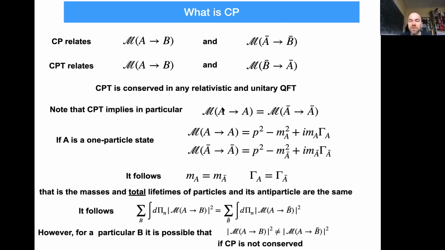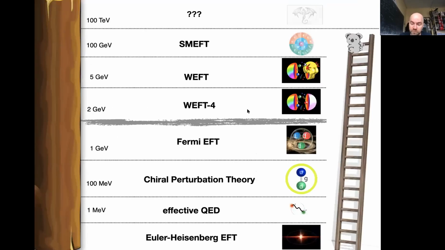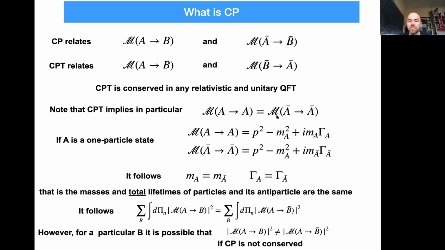There is one important consequence of CPT. If A and B are equal, so we have forward scattering, then CPT relates A to A with A bar to A bar. So for example, the two-point function of the particle has to be the same as that of the antiparticle.